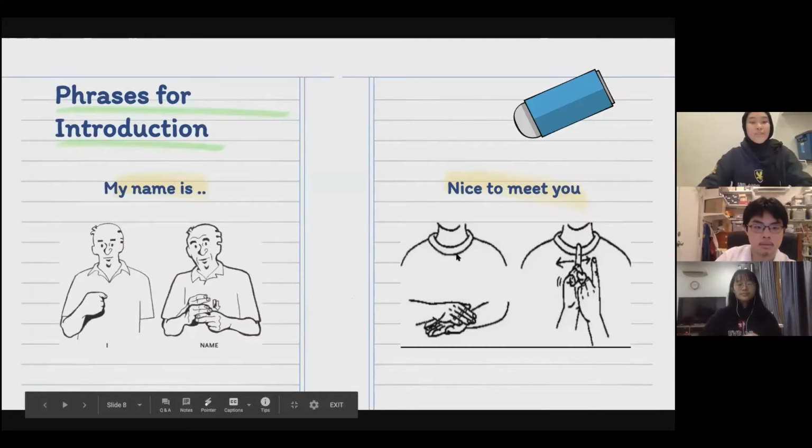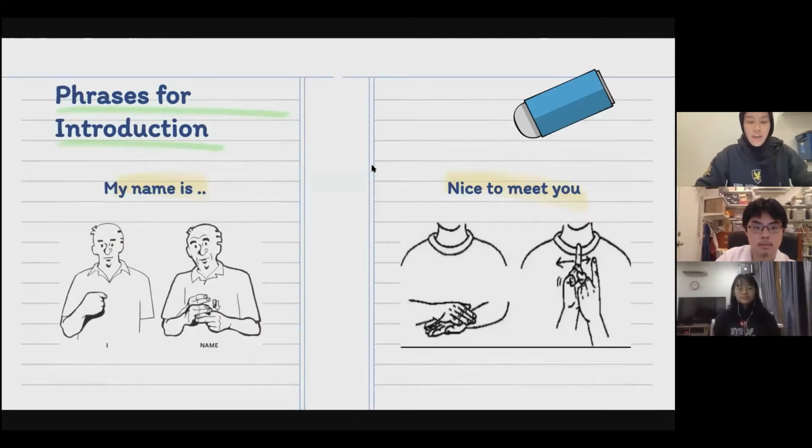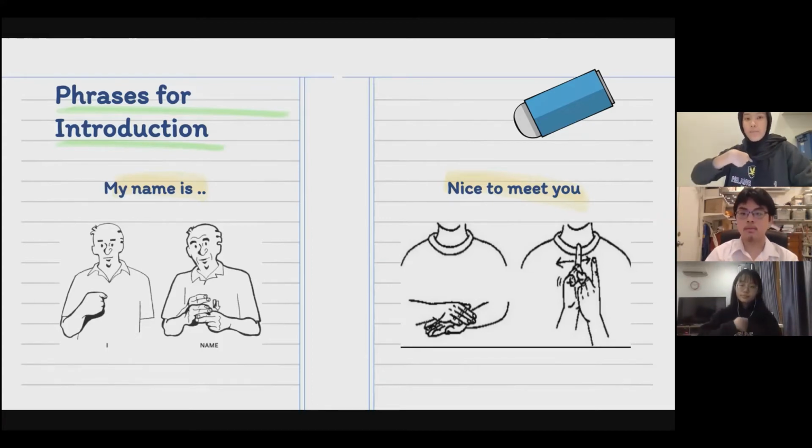So some phrases for introduction. The first one is my name is. So my, basically you just take your dominant index finger, and you point it to yourself. So my name. So basically you tap twice.